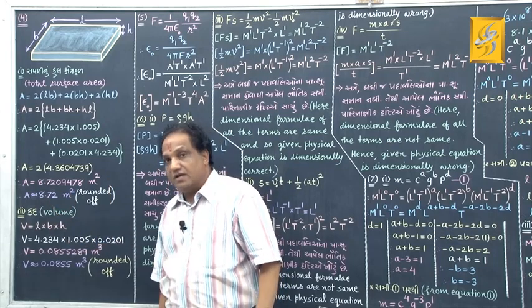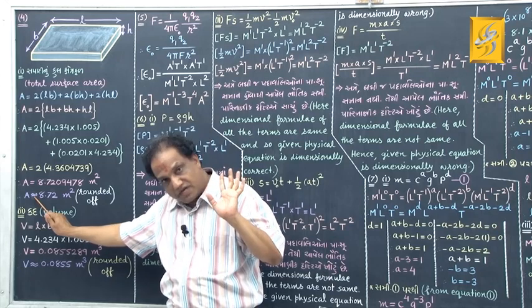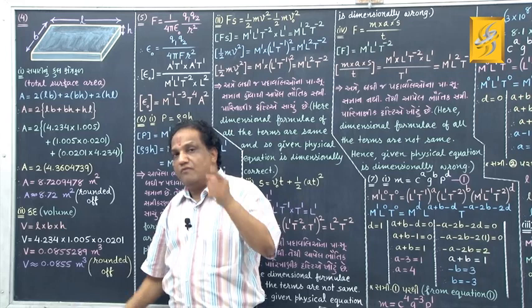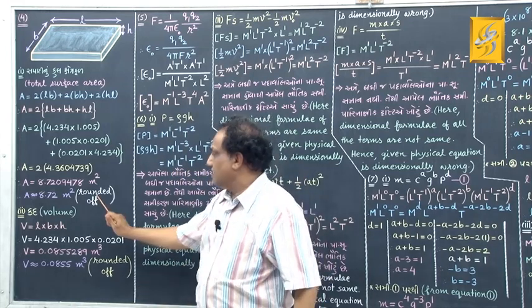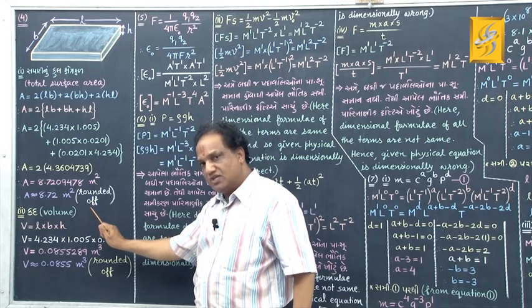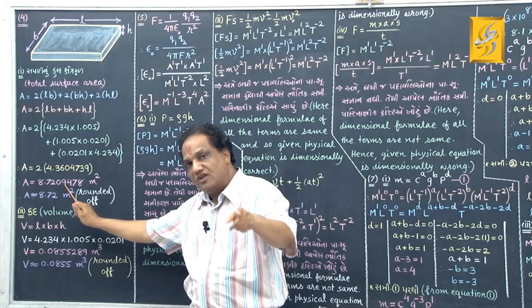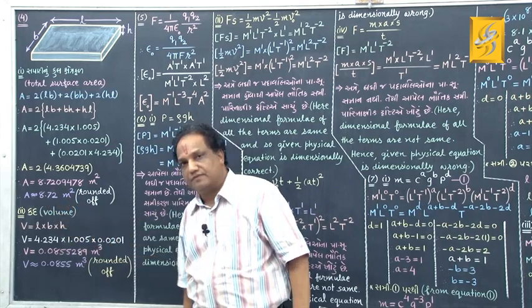But this is the approximate value, so I am writing here the sign of nearly equal to, when you make it rounded off. That's why I am writing here in bracket rounded off, correct? So when you round off this figure up to 3 significant digits, your final answer would be 8.72 meters square.